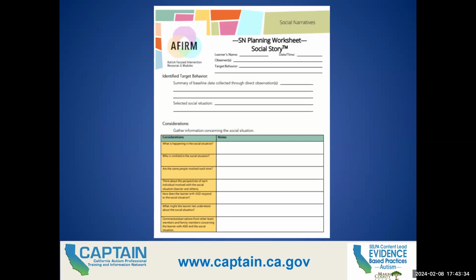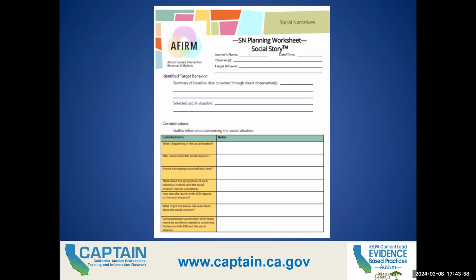And this is the planning worksheet. So we want to think about what it is that our student is doing. We have to think about which evidence-based practice we want to use, so we've chosen social narratives. And what is it that we're observing? What's our baseline? What's going on in the situation that the student is missing? Who's involved?